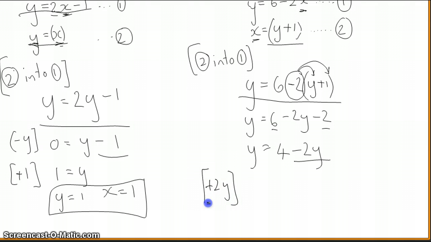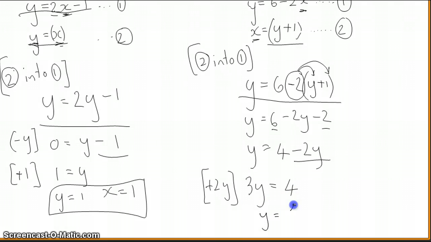So that's my step now. Add 2y to the left hand side, I get 1y plus 2y. 3y on the left hand side. And when I add minus 2y plus 2y, the y's are cancelled from the right hand side.